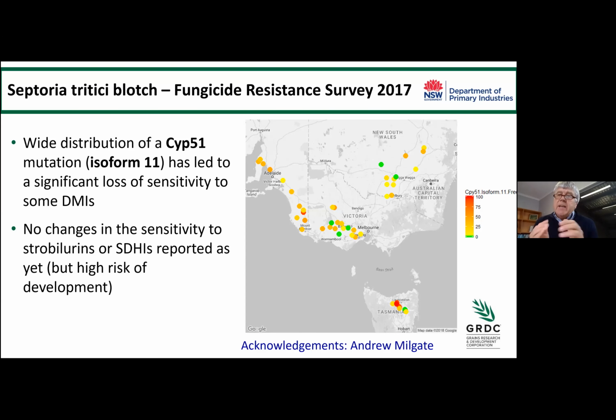In Tasmania, where this strain is even more defined as being perhaps dominant to 100% in the population, flutriafol is clearly failing the growers to give the control of Septoria that it used to. Those are all reasons to be aware of what's happening when you apply fungicides to your crops for Septoria control.